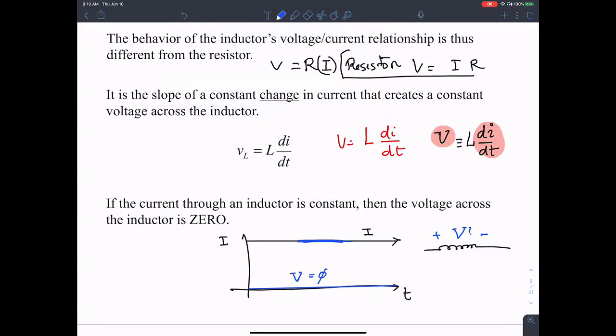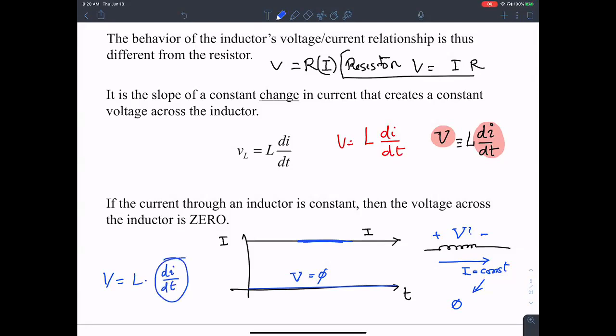It's a horizontal line. So in other words, if a constant current is flowing through an inductance, then the voltage dropped across the terminals is zero, because the voltage is proportional to the change in current.